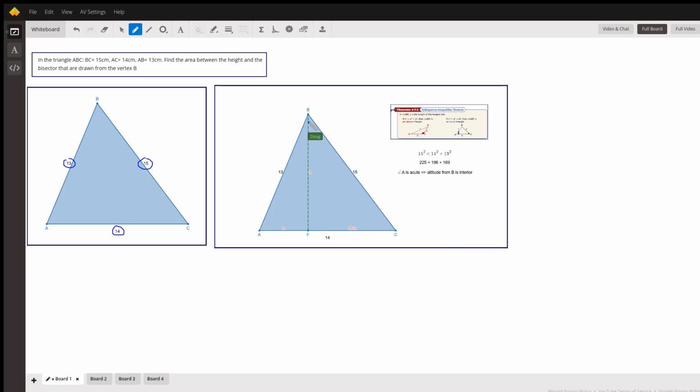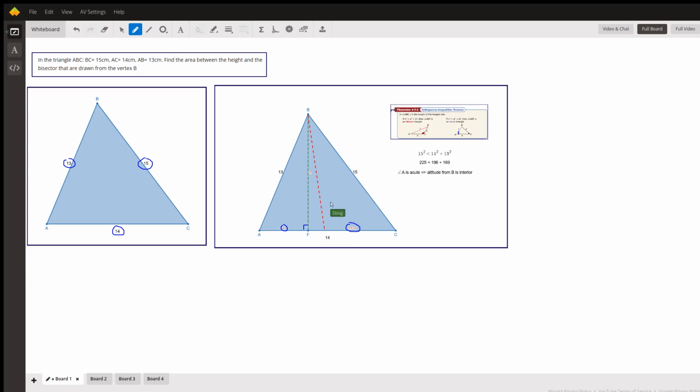And that means if we drop an altitude from B to AC, that it will be interior to the triangle, which means we can call this distance x and this distance 14 minus x. And just so you get an idea, if I draw in the angle bisector of angle B, it'll look maybe something like this.